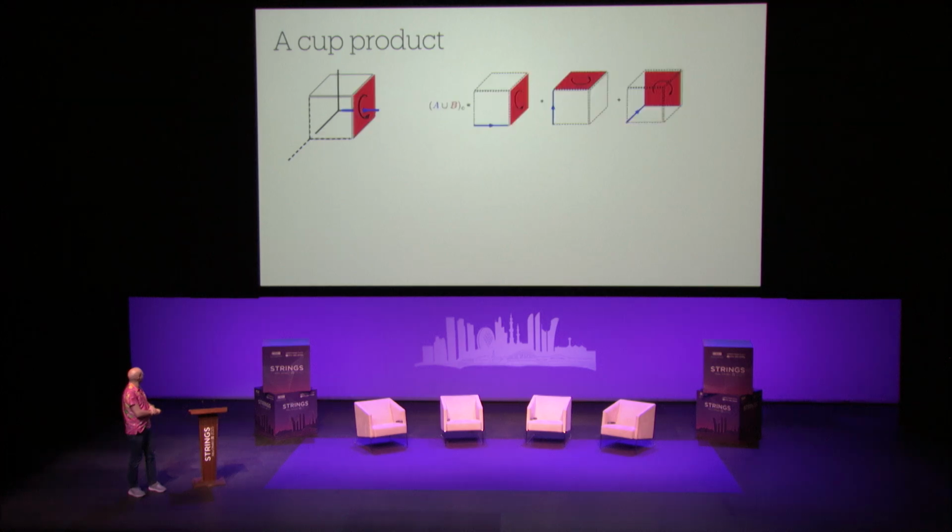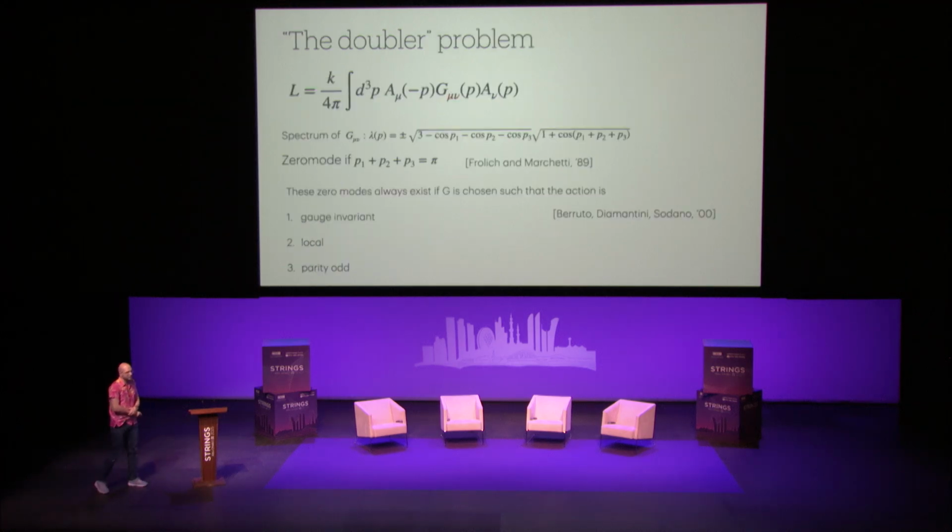I will do that in a moment, but I want to emphasize one more problem, and that problem has to do with the fact that if you write an arbitrary action in momentum space involving gauge fields, and there's some kind of G function of momenta here, then one can show in this model with this cup product, or in fact one can show that it's universally true if you insist on gauge invariance, that there are some kind of zeros which are not associated with the usual gauge symmetry of this G function, which appear when all momenta add to pi.